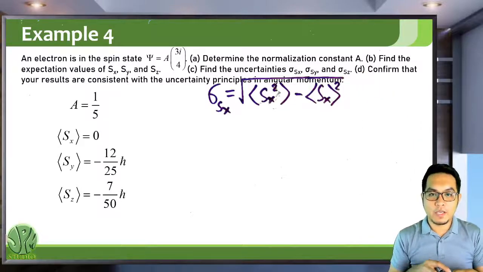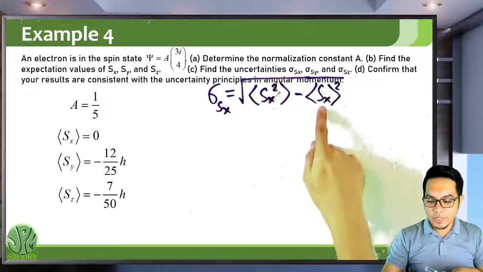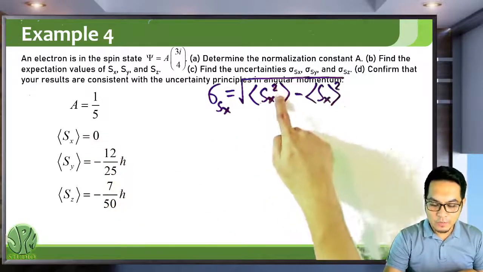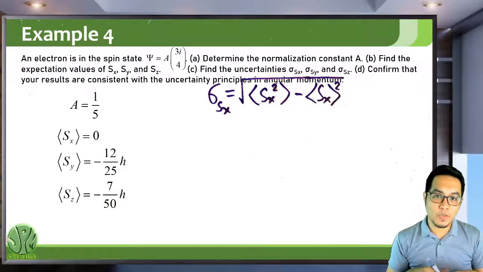That is how you calculate it. We already know the expectation value of Sx. It's actually 0. But we still don't know the expectation value of Sx squared.